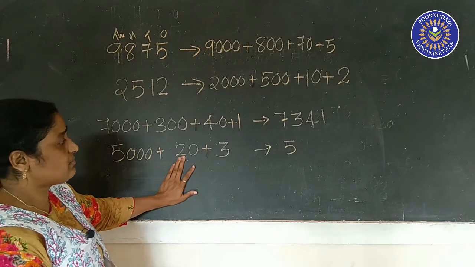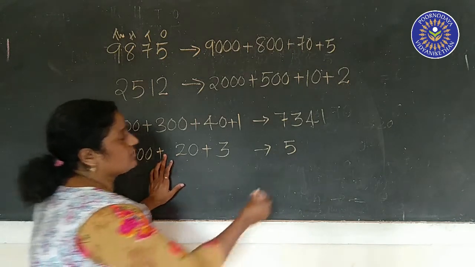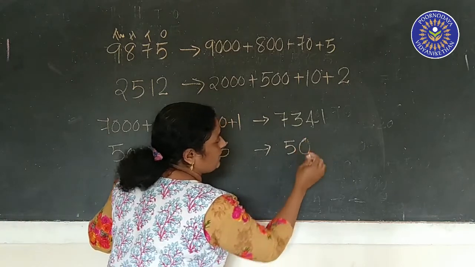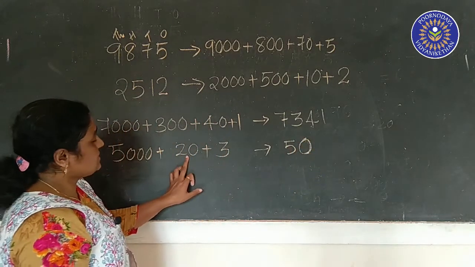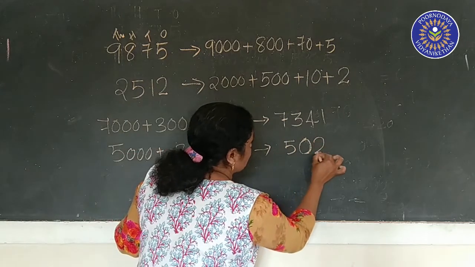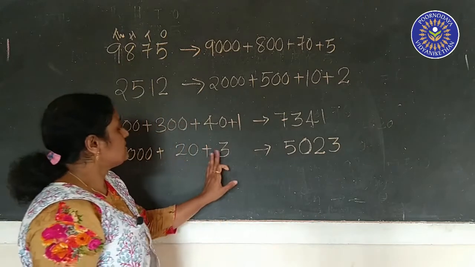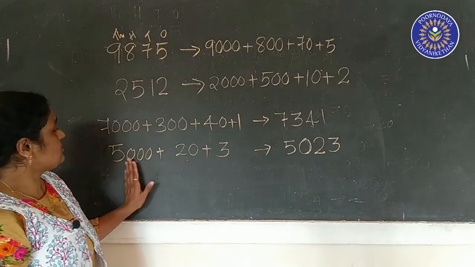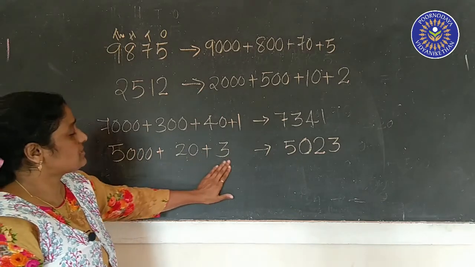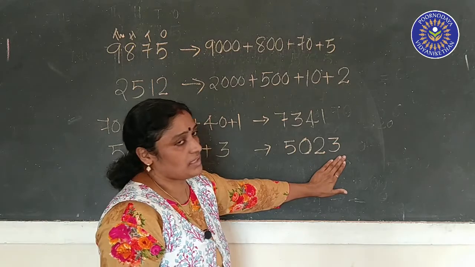That is in tens place. So in the hundreds place there is nothing. So here we have to add one 0. In hundreds place there is 0. In tens place 2. And in ones place there is 3. The expanded form of the number is 5000 plus 20 plus 3. The short form of the number is 5023. Clear?